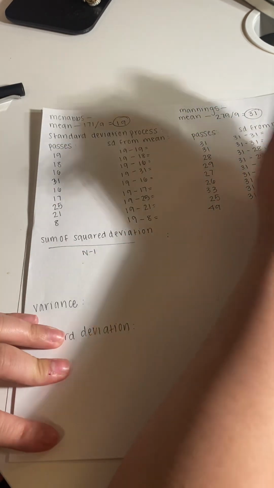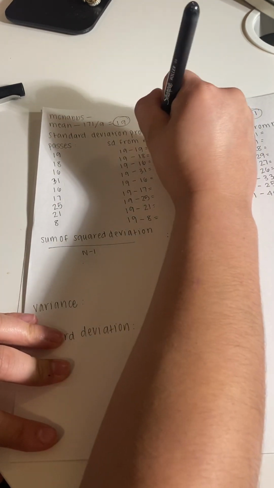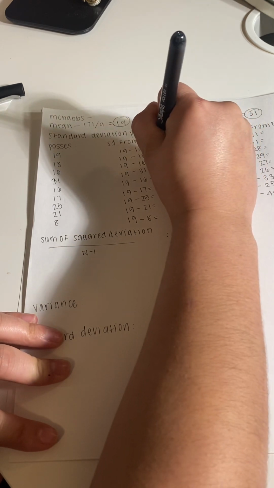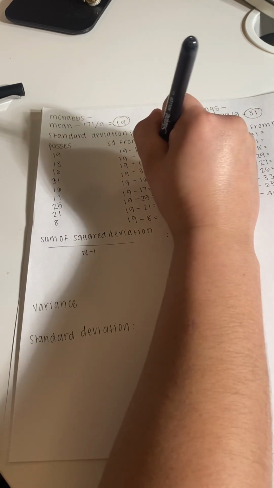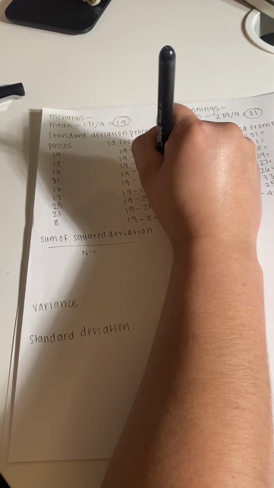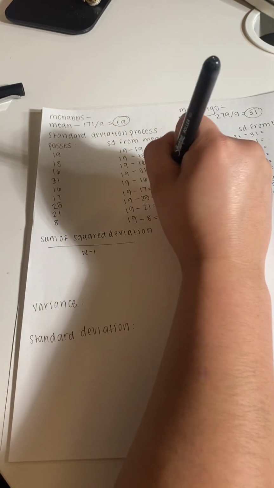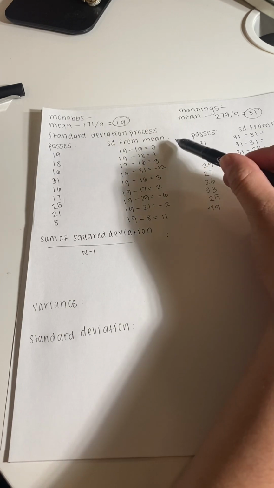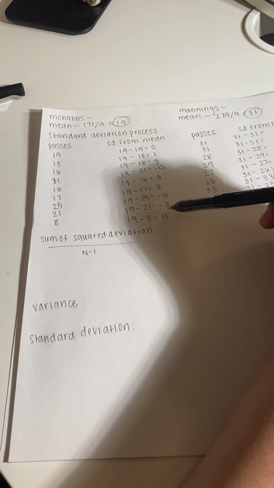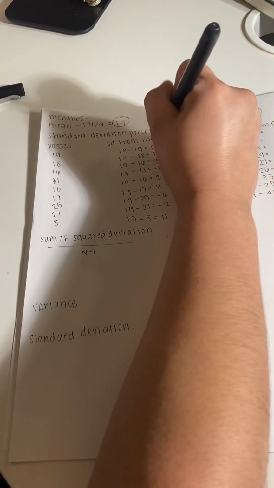So then you're gonna get 0, 1, 3, -12, 3, 2, -6, -2, and 11. So now you're gonna square all of them because you don't want to have any negative values.